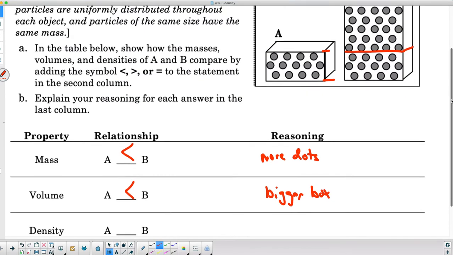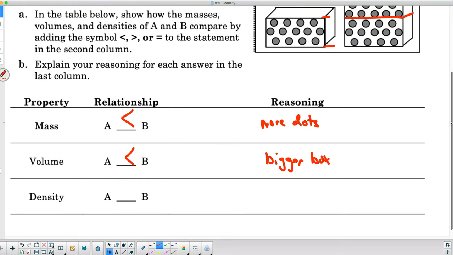That's important because when we look at those two and compare, the density of A and the density of B means I have just as many dots spaced out in just as much size as A and B. Now it's true that B has more dots in the whole big box of B, but it also has a bigger box.